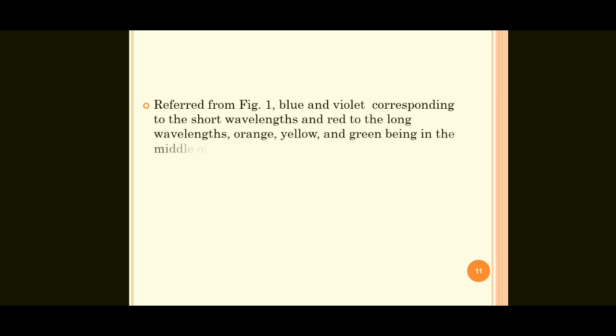So from figure 1, blue and violet correspond to short wavelengths and red to the long wavelengths, with orange, yellow, green being in the visible region of wavelength.